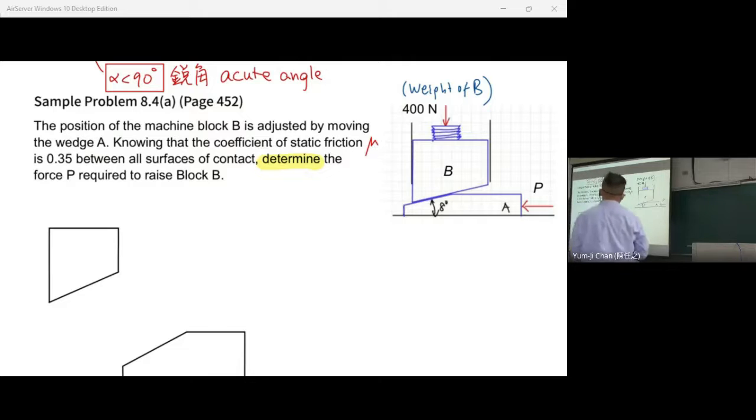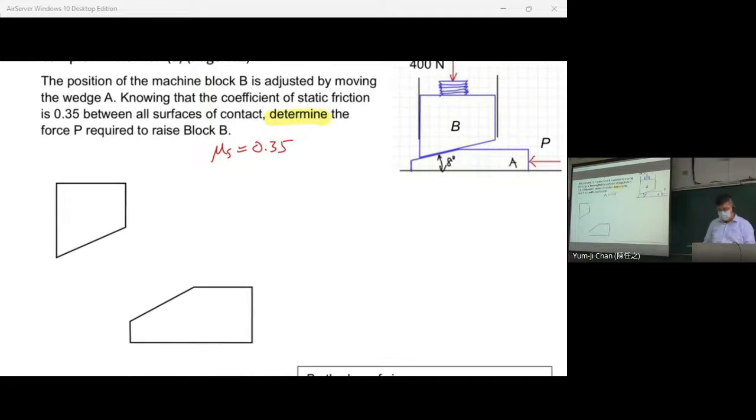Coefficient of static friction is mu S. Mu S is equal to 0.35. As I've mentioned in chapter 6, each rigid body has its own free body diagram.